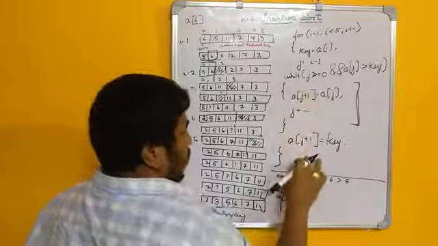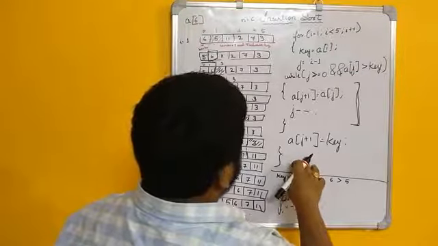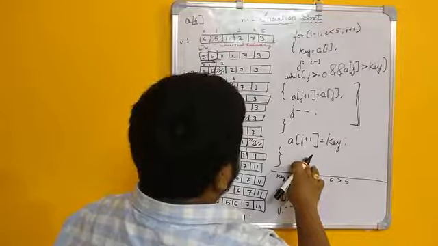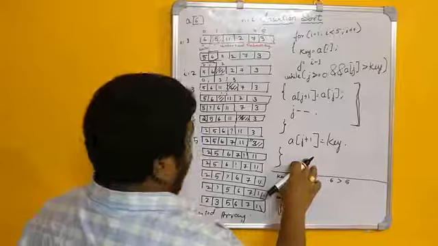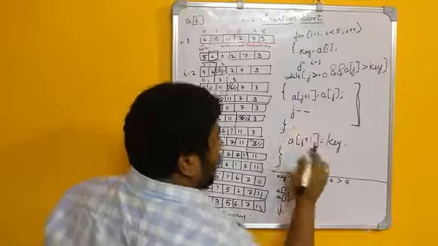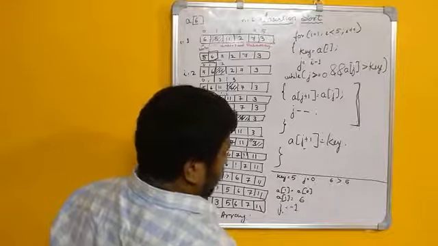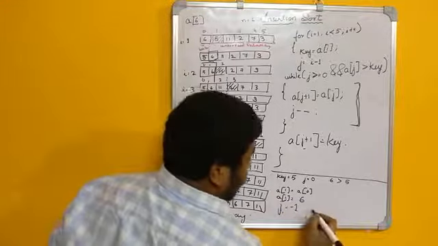It will come out of the loop and this statement is executed: A of j plus 1. What is our j? Minus 1. Plus 1 is A of 0 now.